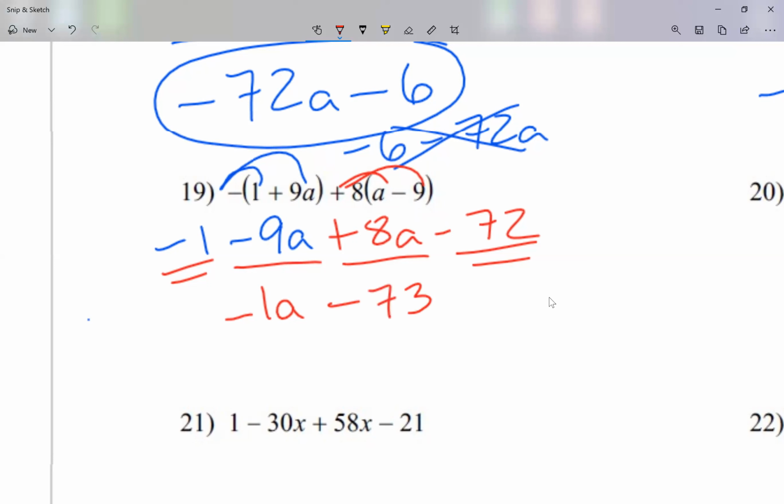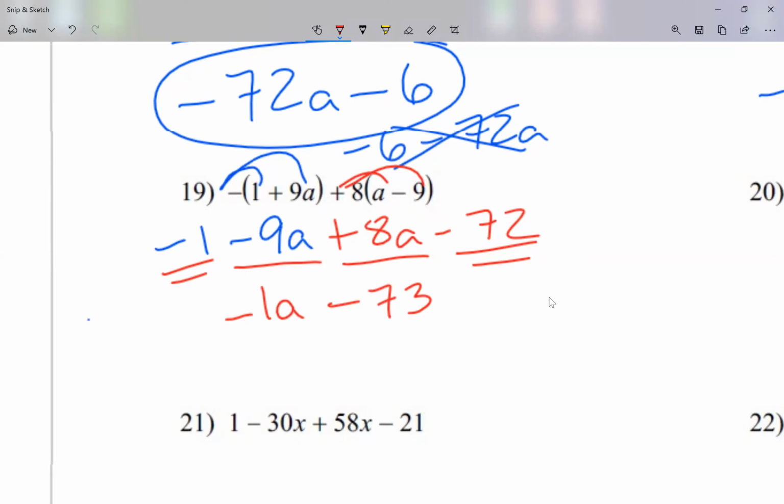If I type this like this, negative 1a minus 73, it will mark it incorrect on our homework. What I want us to do is, when the number in front of the letter is a 1, start getting used to ignoring that number 1.